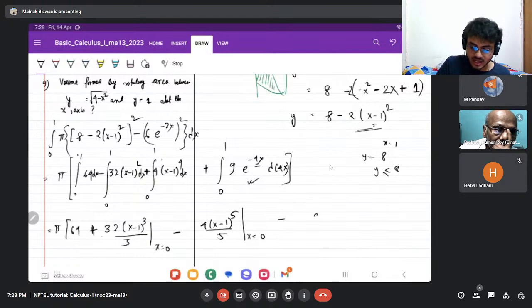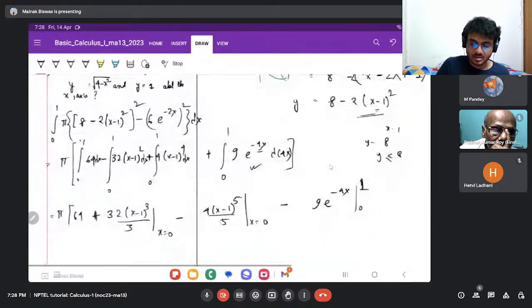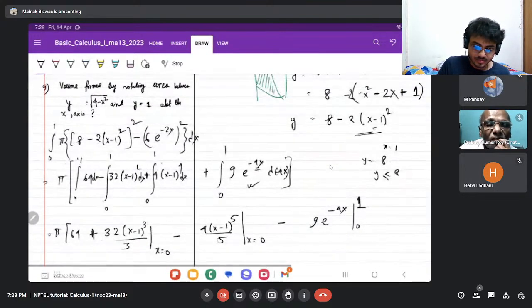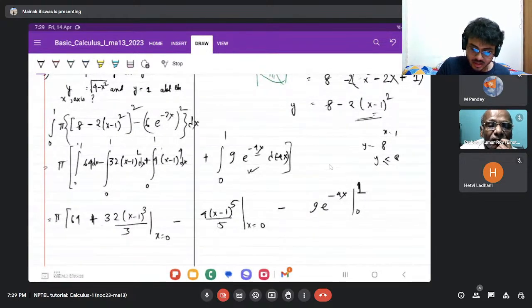So I'll get 9 e to the power minus 4x between 0 and 1. So this is 0 and 1. So this is minus. So you will be left with 9 e to the power minus 4 minus 1.